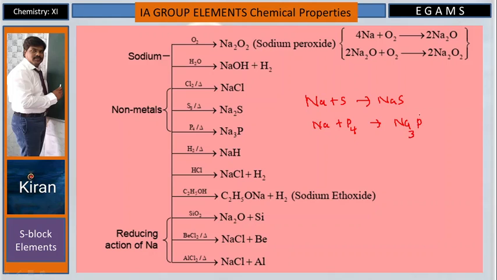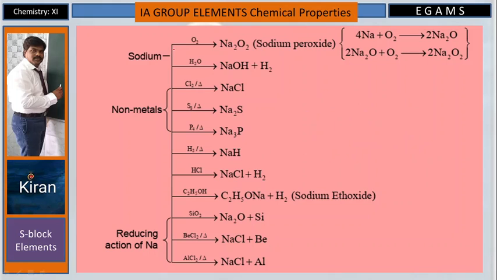Here, the phosphorus valence is -3. Same way, sodium reacts with hydrogen, you will get sodium hydride. Sodium hydride formula is NaH. Here H acts as minus. So these are the reactions with non-metals.